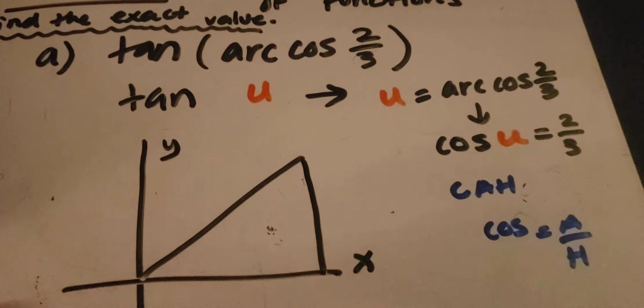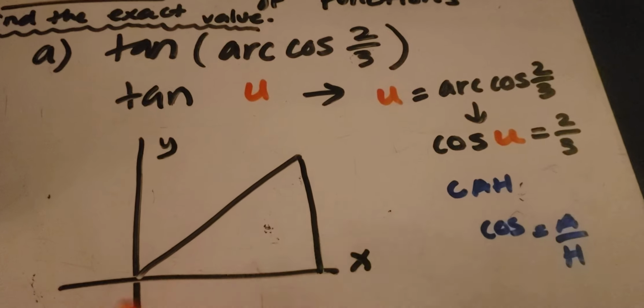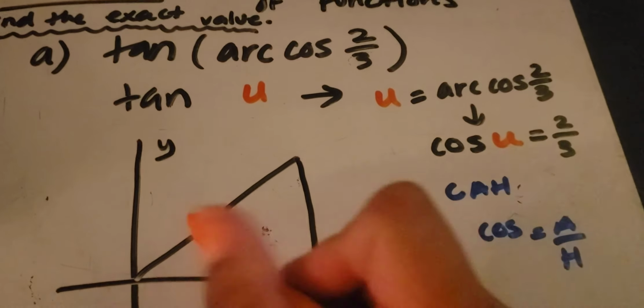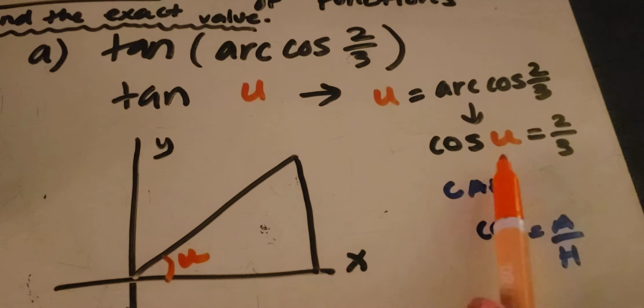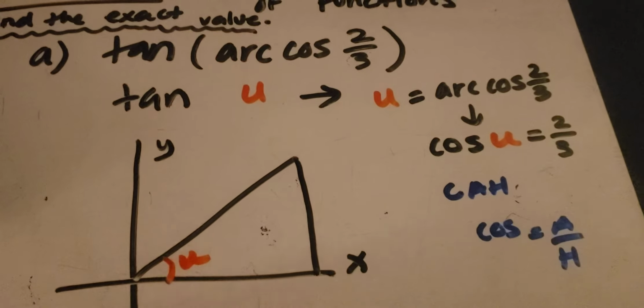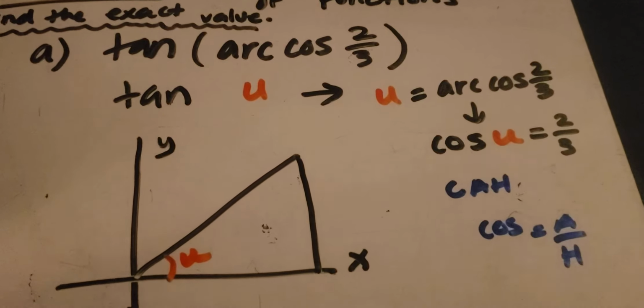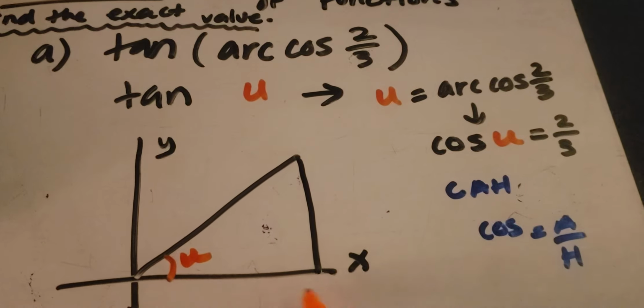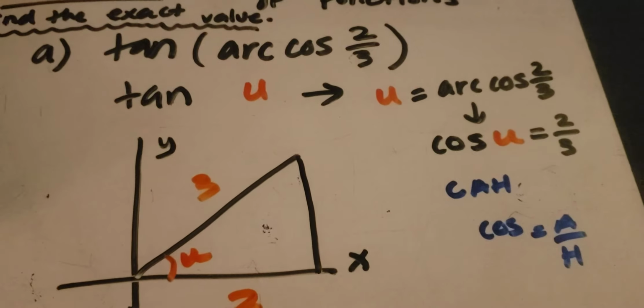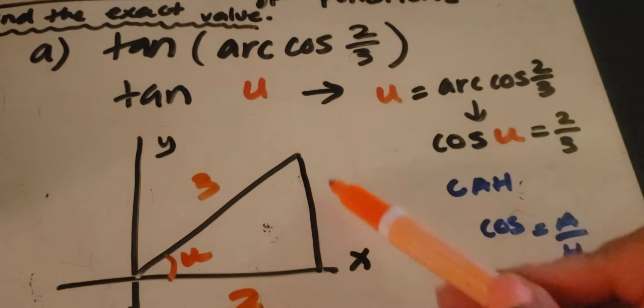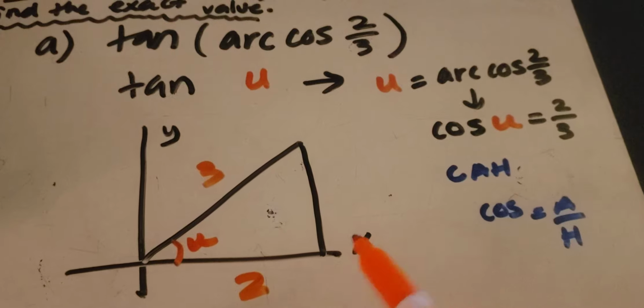Okay, so how do we apply that to the triangle? So our angle u will be here. Okay, that refers to our angle, and then 2 is going to be here. This is the adjacent side. Hypotenuse will be 3, okay? And we are going to be solving for this side right here, okay?